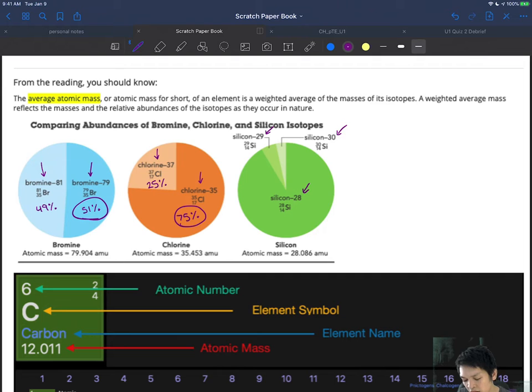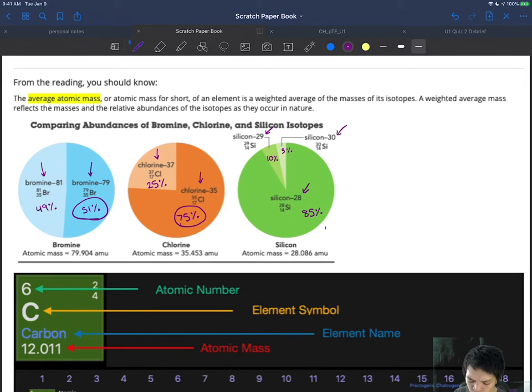If you look at the pie graph, it seems like roughly 85% belongs to silicon-28, so there are a lot more silicon-28 atoms. For silicon-29, if I had to guess, maybe 10%, and silicon-30 maybe 5%. Altogether there would be 100% silicon. But there's more silicon-28 than the other 2 isotopes. That's what I'm getting at.